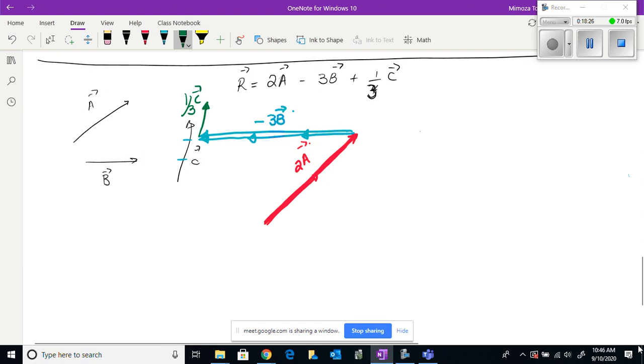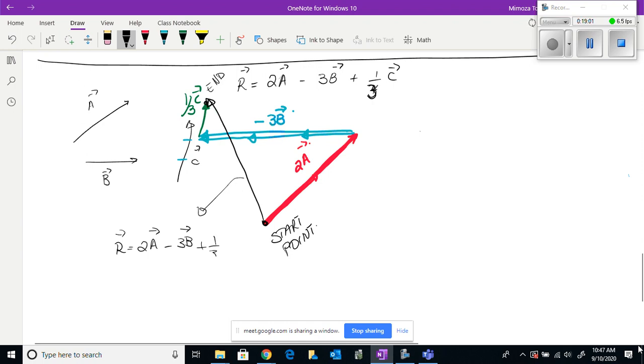And the resultant is starting at the start point and ending at the end point. So this will be the vector. This one is the resultant, that is 2A minus 3B plus 1 over 3C.